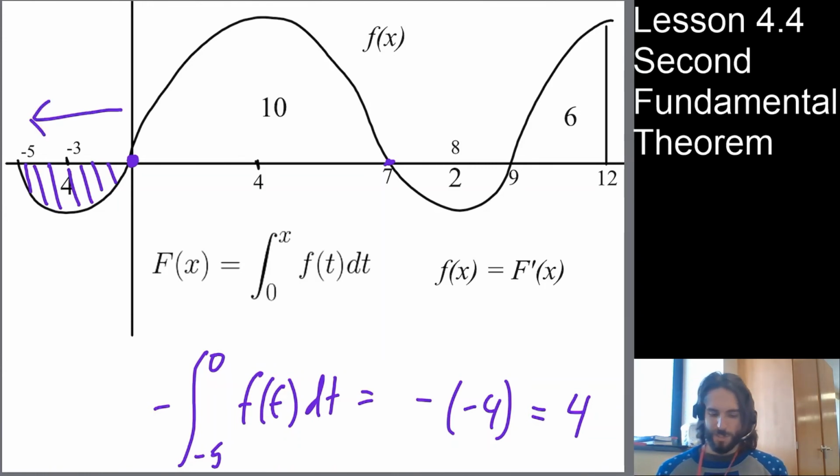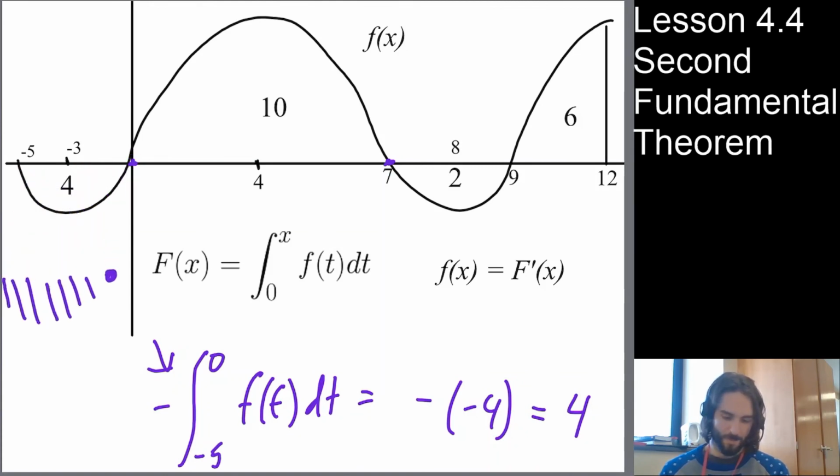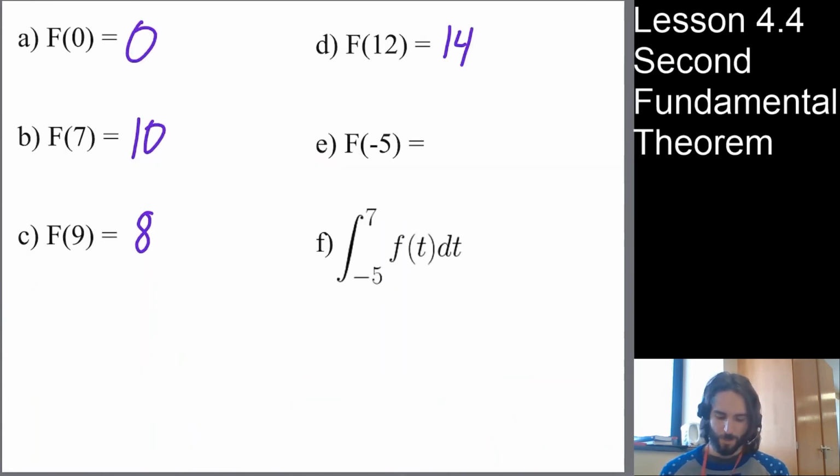You can process it either way, the way that I just showed symbolically with flipping the bounds, or just knowing that as you move from right to left, the signs flip. However you want to process that is fine, but you need to know that that's what's going on. So the area we accumulate going from 0 to -5 is +4.